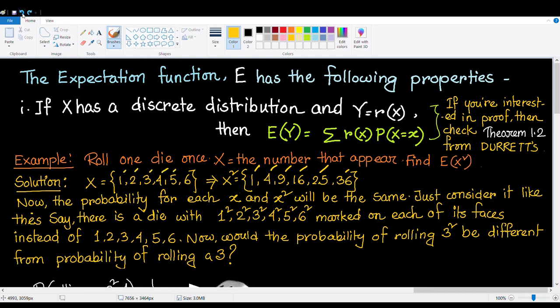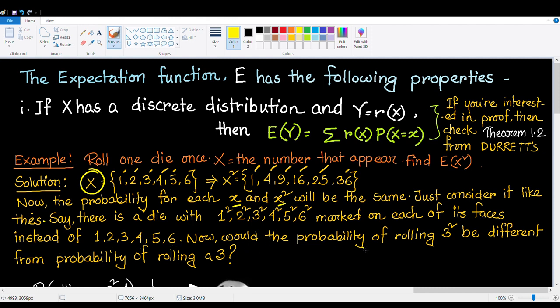Yes, they are. The probability for each of the elements of this capital X, denoted by small x, and the probability for each of the elements in X squared, denoted by small x squared, both of these probabilities will be the same. Just consider it like this. Say there is a die with 1 square, 2 square, 3 square, 4 square, 5 square, and 6 square marked on each of its faces instead of 1, 2, 3, 4, 5, and 6.